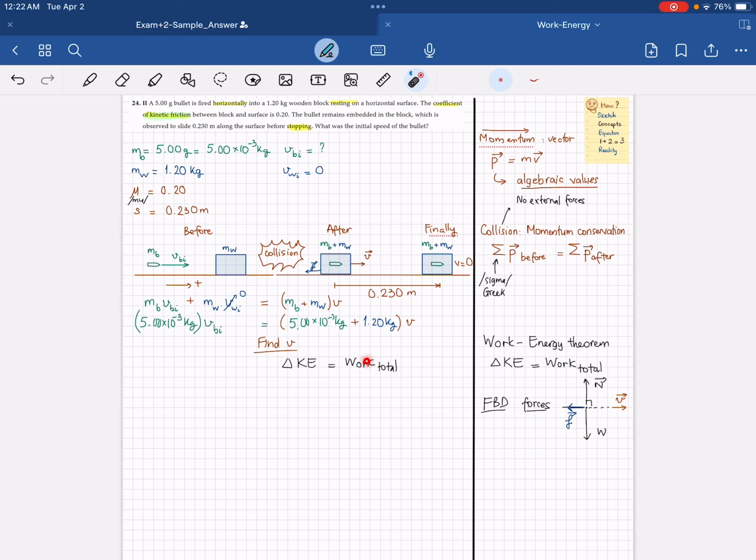Then we need to identify the work done by every force here. So let's have a quick reminder of the work. Work is defined as force, just the magnitude of the force. We just care about the strength of the force, how strong it is, times what? Yeah, the cosine theta, times the displacement.